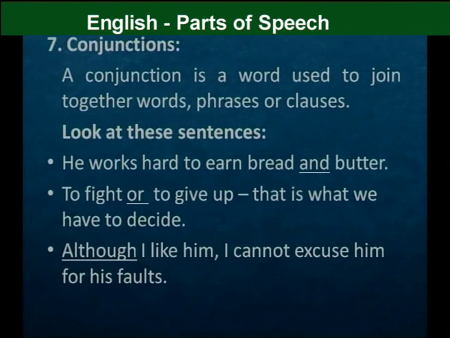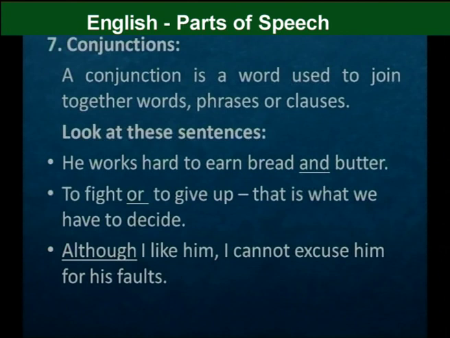Now look at the second sentence. To fight or to give up, that's what we have to decide. Whether to fight or to give up, we have to decide. So here, what's the conjunction? Or, or is the conjunction. Here this conjunction joins not words, but groups of words.